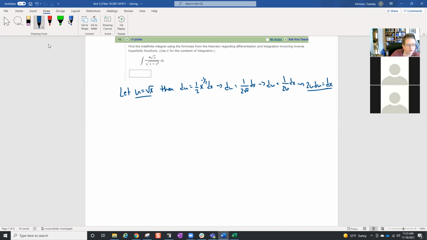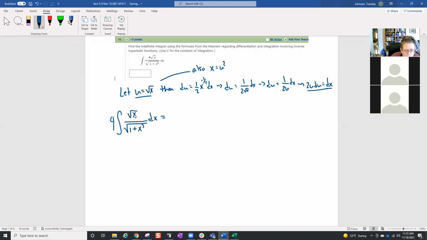How does this help? Now, the integral of 4 square root of x divided by the square root of 1 plus x cubed dx equals... let's go with also x equals u squared.